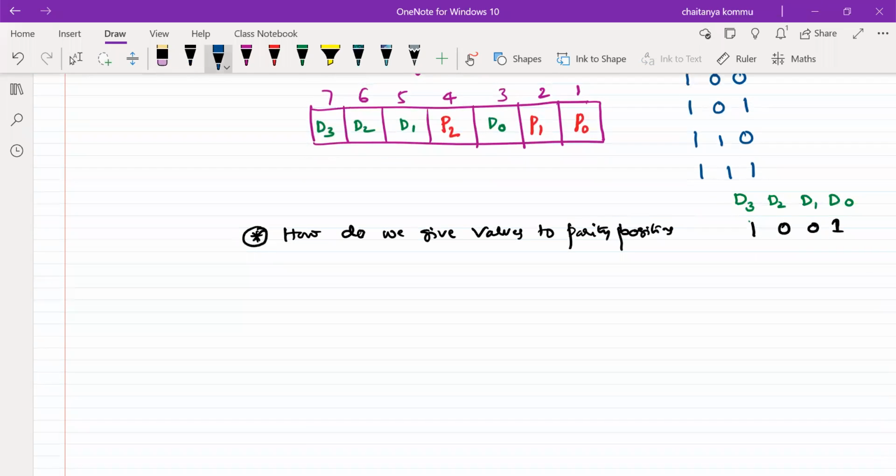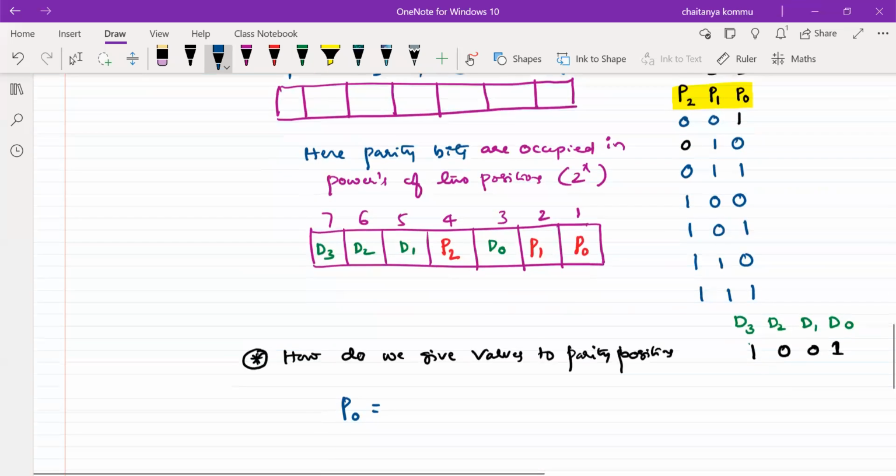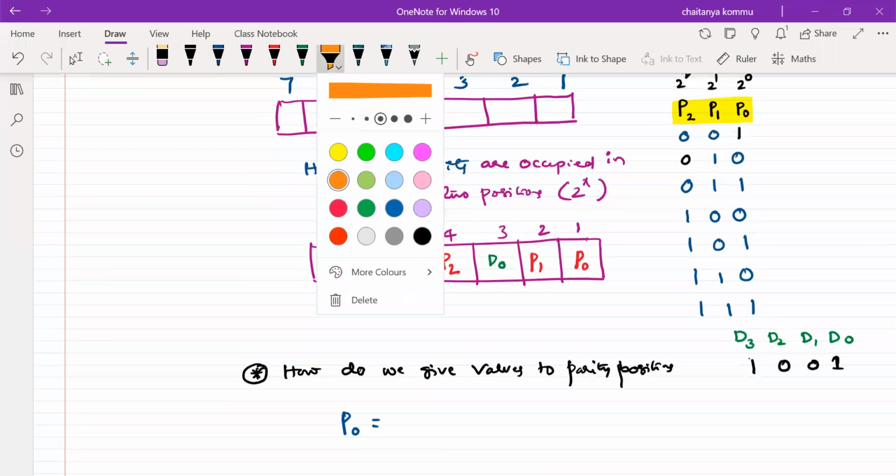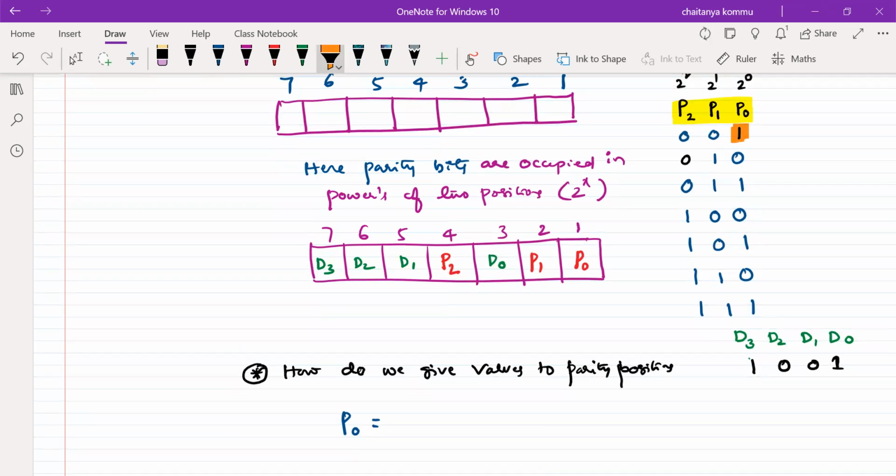If you want to calculate P0, for example, follow this diagram. P0 is available at position 1. The decimal equivalents are 1, 2, 3, 4, 5, 6, 7 positions. So it occupies the first position, third position, fifth position, seventh position, right?